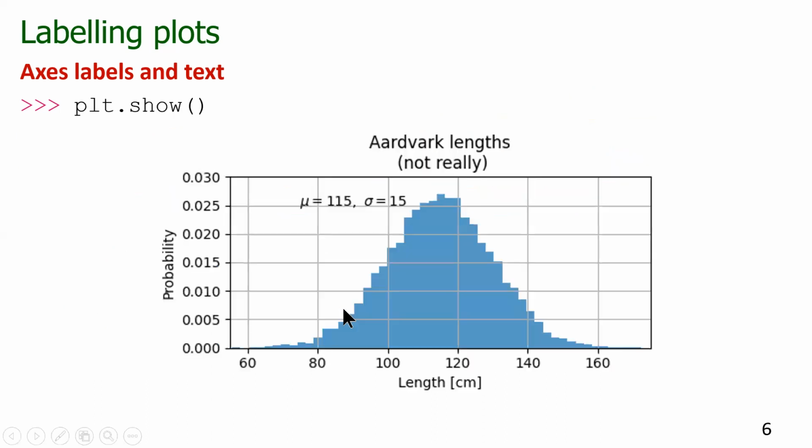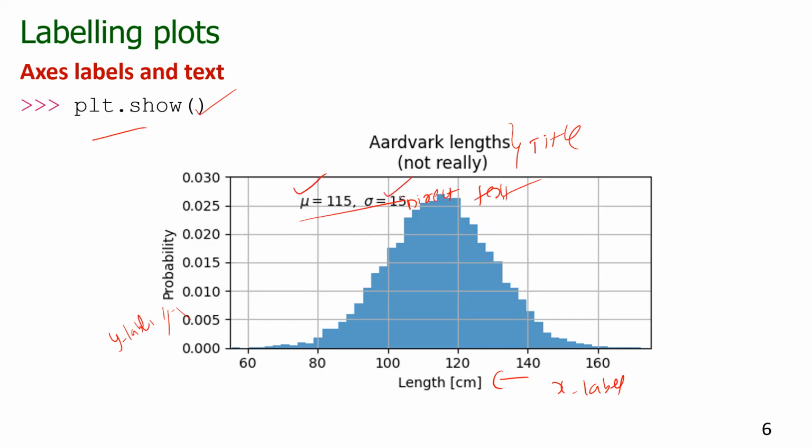Now let us see the output. Here you can see plt.show. Yeah, this is the title. This is the X label. Now this is the Y label. Now this is the direct text. We added mu equal to, sigma equal to. Yeah, this one is the grid style.